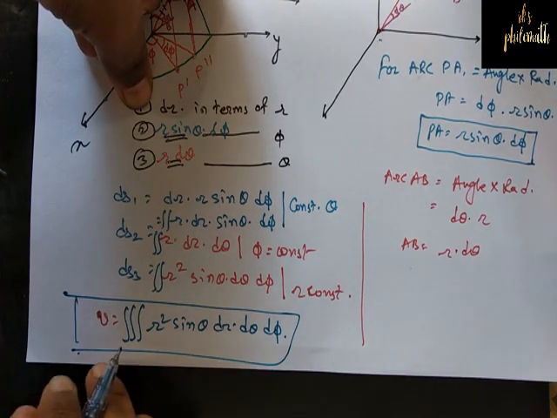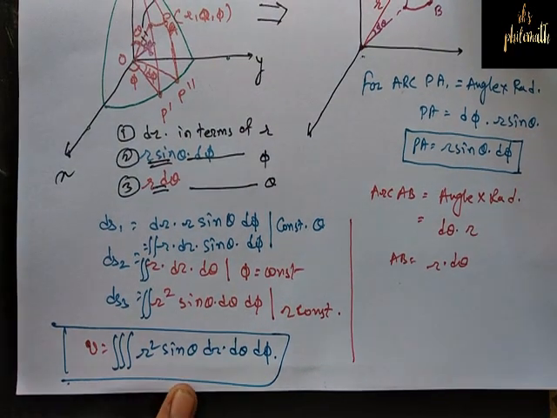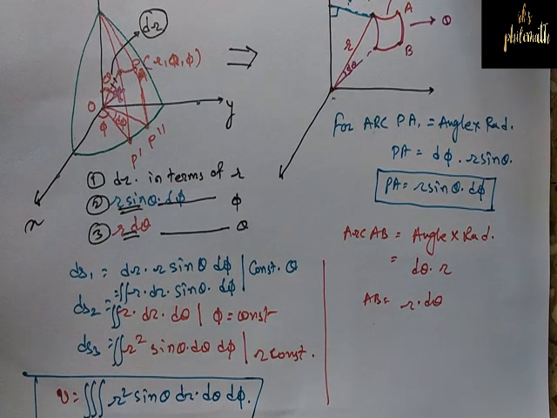So this is the differential length, volume and surface for the spherical coordinate system. I hope you understand.